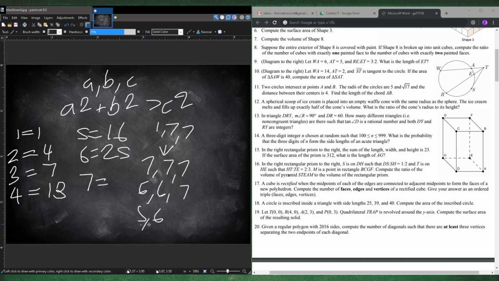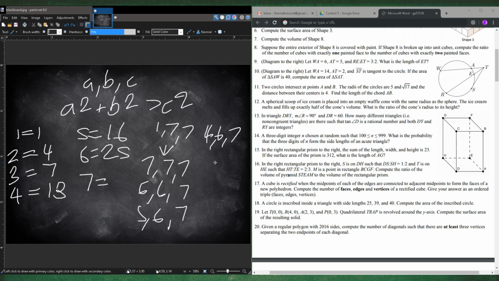Or 6 and 5, which would be 36 plus 25, which is 61, which is greater than 49. 4 and 6 and 7, that's 16, that's 36, that's 52, that's greater than that one. 3, 6, and 7, that could be 36, that's 9, that's 45, so that does not work because that's less than 49.